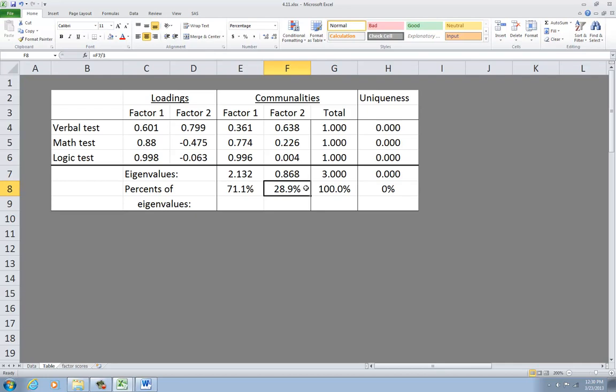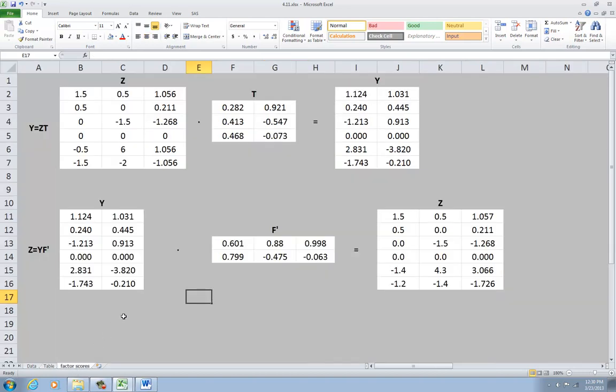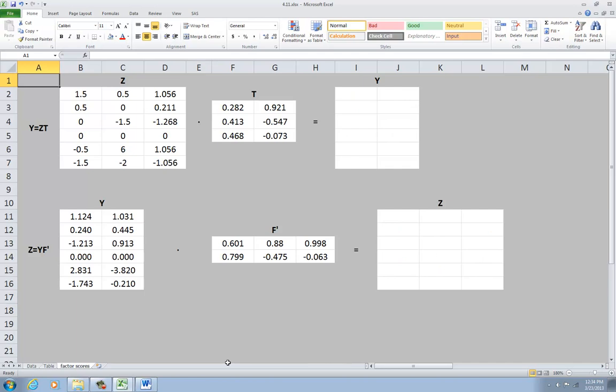It would be awesome. The factor scores for this rank of 2 data are obtained from the following equation, which I'll show you on this worksheet. So this equation, Y equals Z times T, has been used in a previous video, in that Y is the factor scores, or the latent variable scores, and Z is the manifest variable scores.